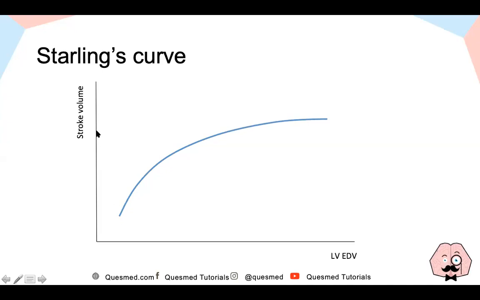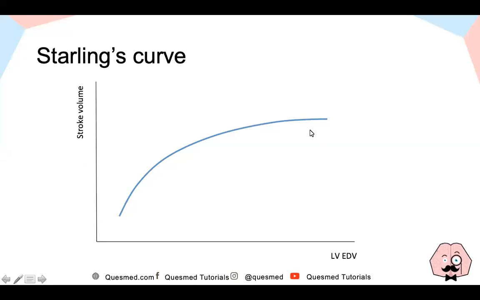Frank Starling did some experiments on frog hearts and determined his law of the heart. What we know is that as left ventricular end diastolic volume increases, so does stroke volume.